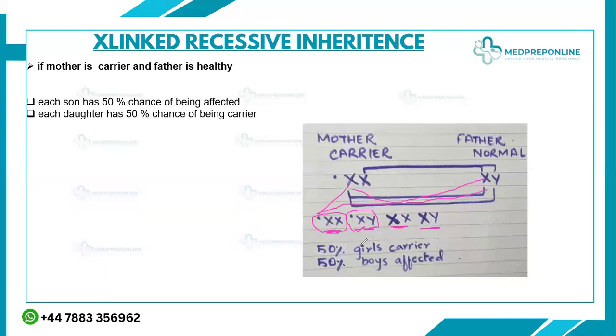So that means 50% of the girls are carriers and 50% of the boys are affected. So the mother is a carrier, the father is normal, and in such a situation each son has a 50% chance of being affected and each daughter has a 50% chance of being a carrier. In X-linked disorders, females remain carriers and the son is basically affected. So this is how you are going to work out the inheritance.